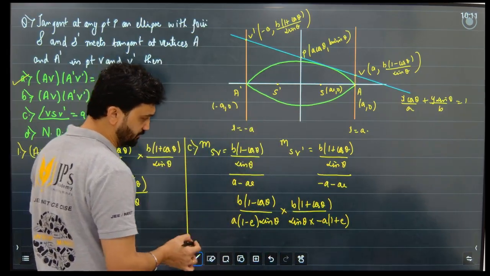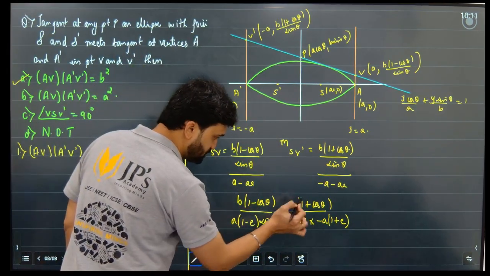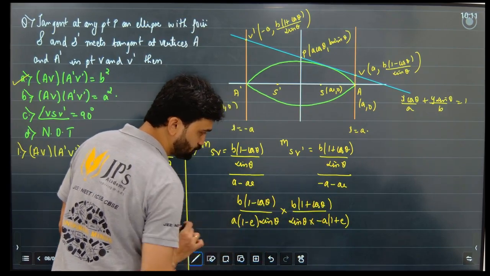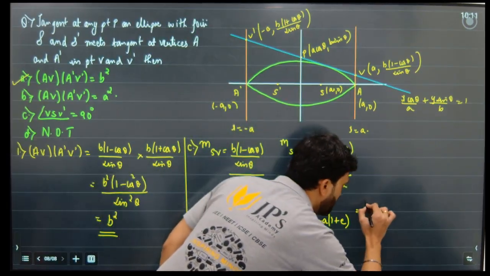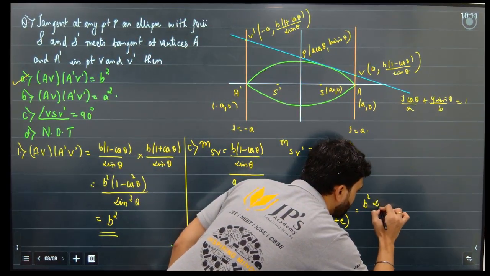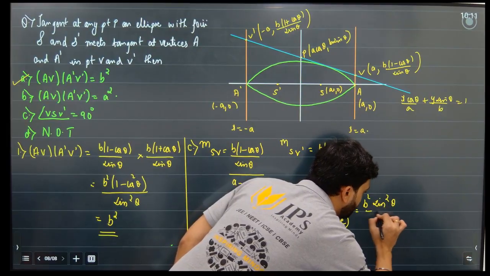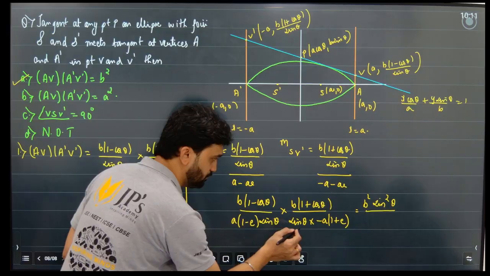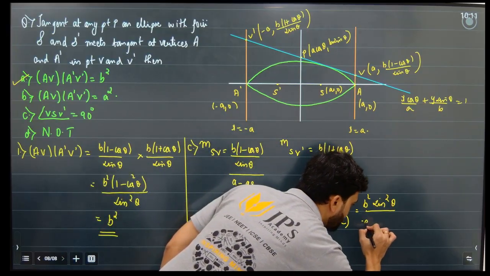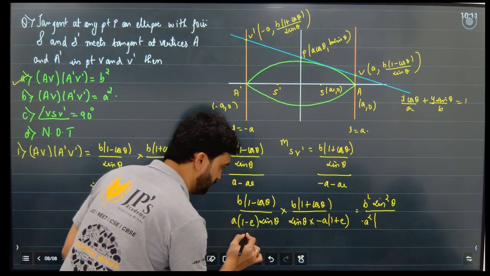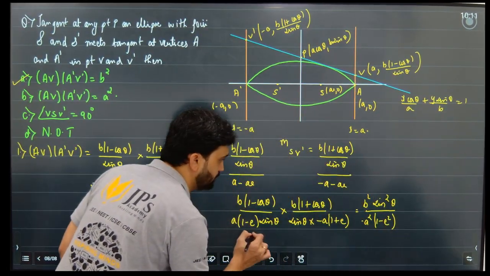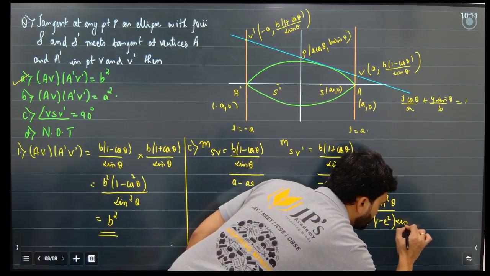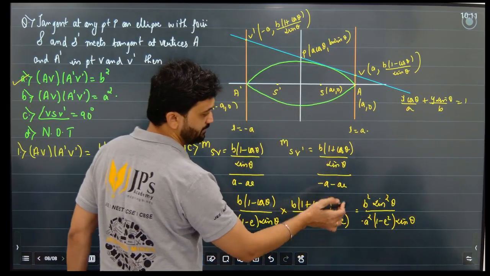Again, the same thing. See this. 1 minus cos theta, 1 plus cos theta will become 1 minus cos square theta. So this will become something like this, is equal to, I will get b square sin square theta upon minus a square, 1 plus e, 1 minus e is 1 minus e square, and this is sin square theta, and a square 1 minus e square is b square.